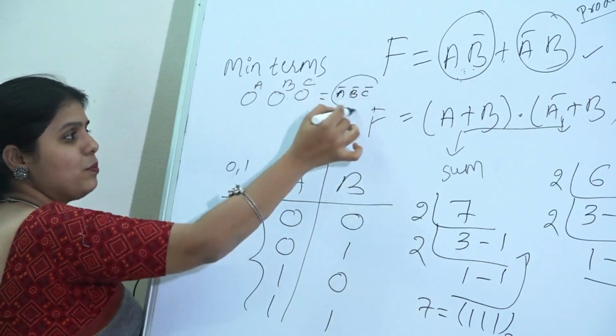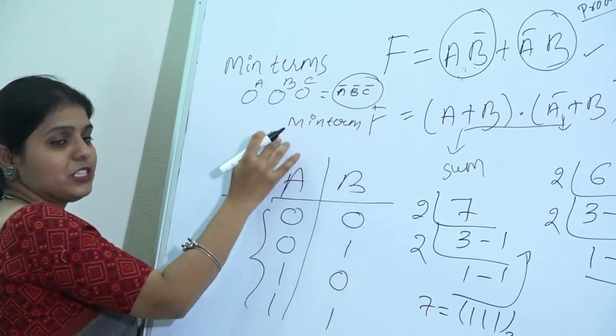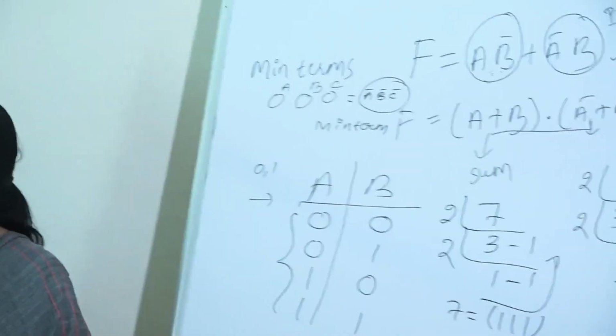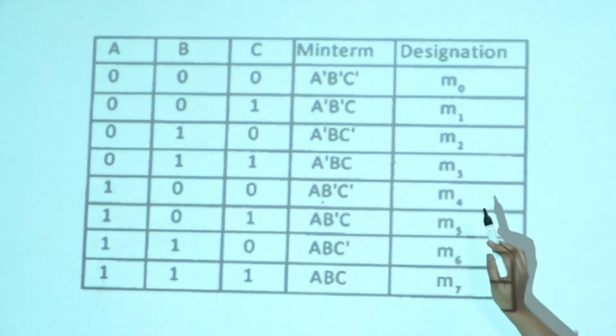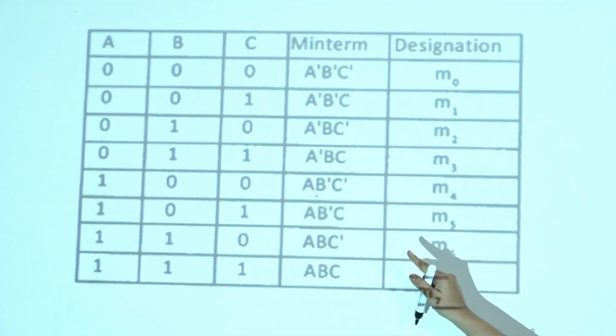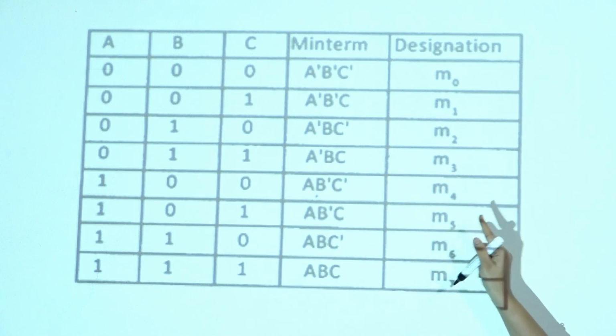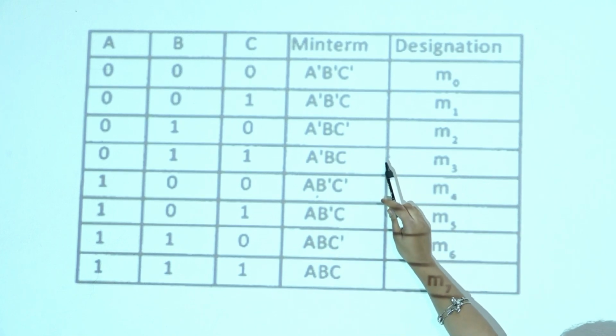This is one product term, which I call a min term. In this truth table, 0 0 0 is represented as A bar, B bar, C bar, which is one min term. 0 0 1 is represented as A bar, B bar, C. As the C variable is 1, I have removed the complement.